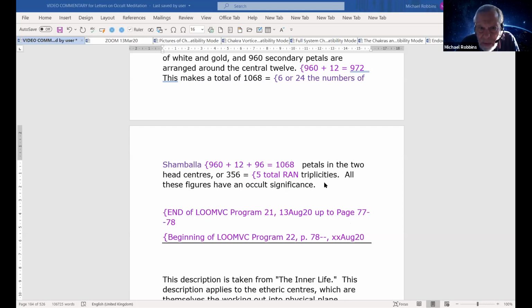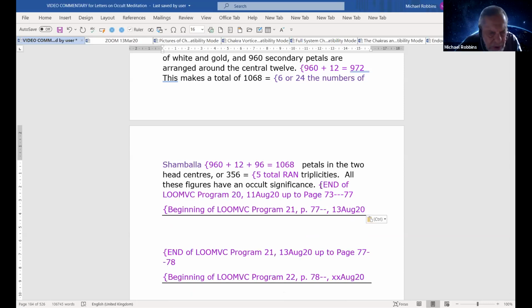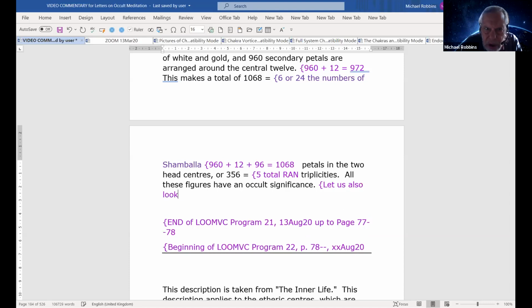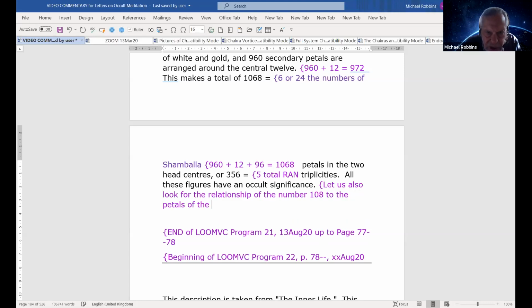However, I want to say this. Let us also look for the relationship of the number 108 to the petals of the center.